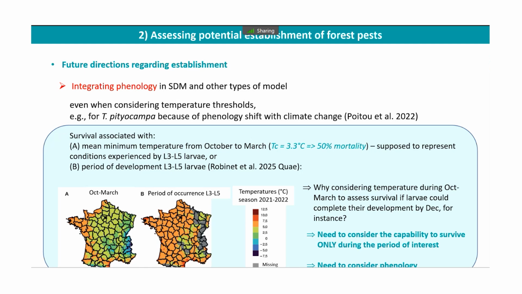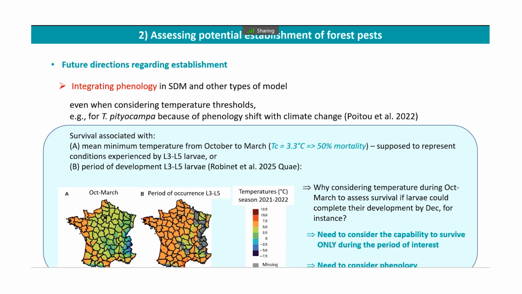For instance, as I've said, with the pine processionary moth, we have shown that the mean of minimum temperature from October to March was a good indicator of the capability of establishment. And this was defined because this period is supposed to represent the conditions experienced by the most susceptible larvae, so L3 to L5. But we know that with climate change, the phenology of the species is changing.